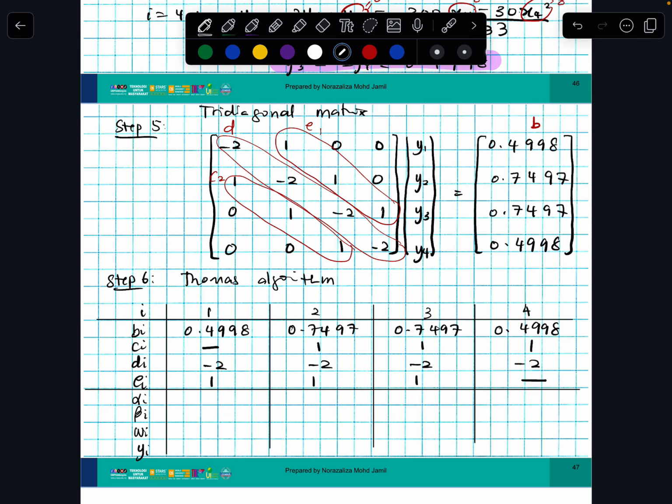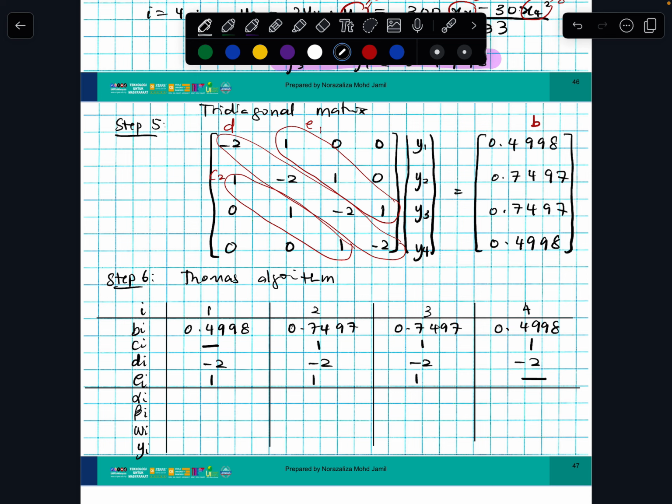First, we want to calculate the alpha value. Alpha 1 equal to -2. Okay, you have to follow the Thomas algorithm. The step of finding the box is from alpha 1, then followed by beta 1. Then you need to find alpha 2, beta 2, alpha 3, beta 3, alpha 4, beta 4. So the result is written here. You can verify this.